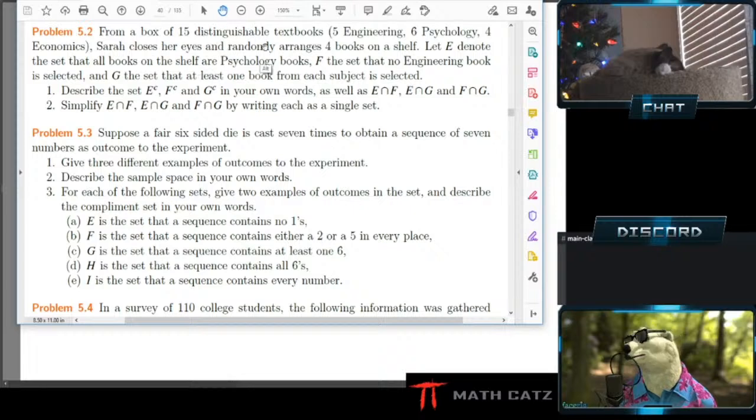So I'm doing something practical, some experiment with a result. The result is I look at 4 books on the shelf. And then there are restrictions limiting the possibilities of that experiment. I have a restriction E, a restriction F, a restriction G. Initially, in the mathematical sense, sets are a little more abstract.